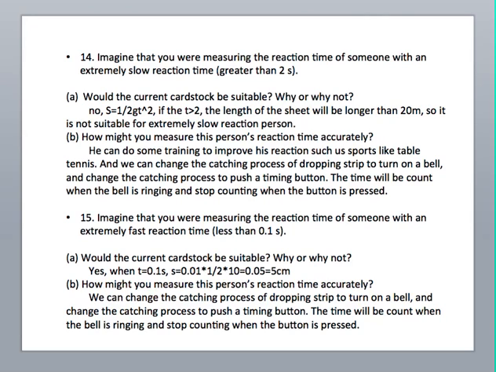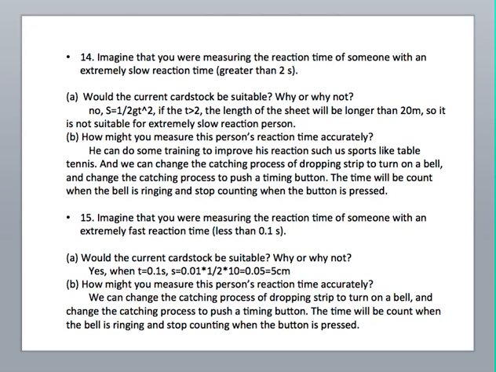It will be suitable because when t equals 0.1 seconds, s equals 0.01 times 1/2 times 10, which equals 5 centimeters. So the paper strip is enough for measuring.